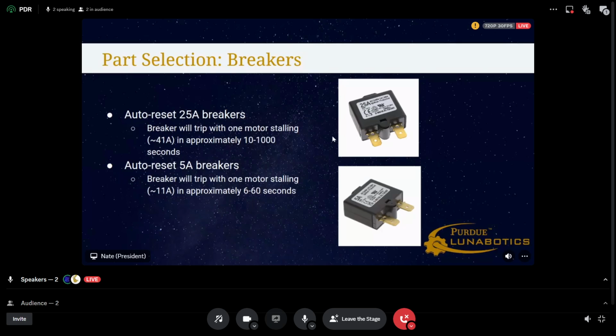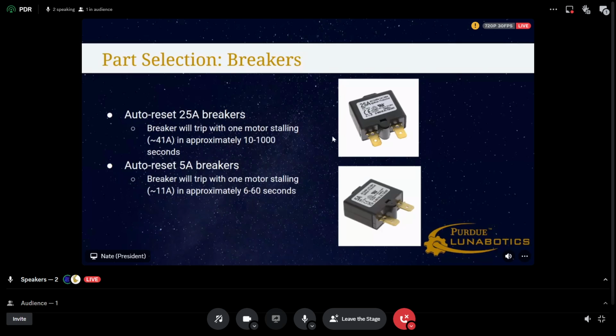Because the difference between nominal and stalling is like 300 or 400% difference, right? Nominal operation for drive is about 4.4 amps. These breakers are sized as 5 amp breakers, designed to not trip if you're pushing 5 amps through them. Even at 6 amps, it won't trip for like 5 to 10 minutes probably.